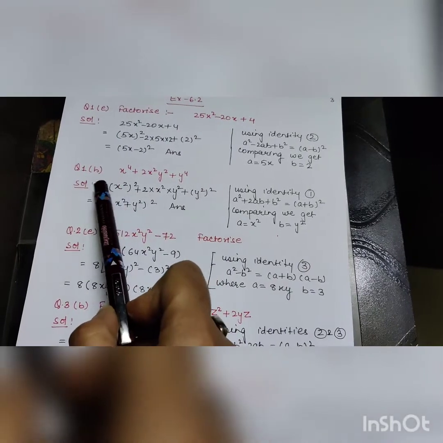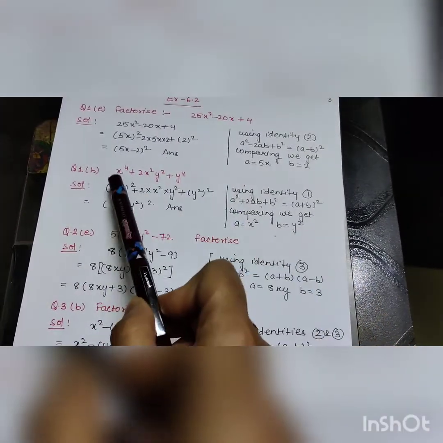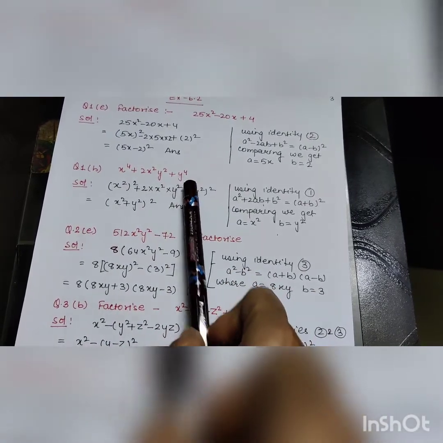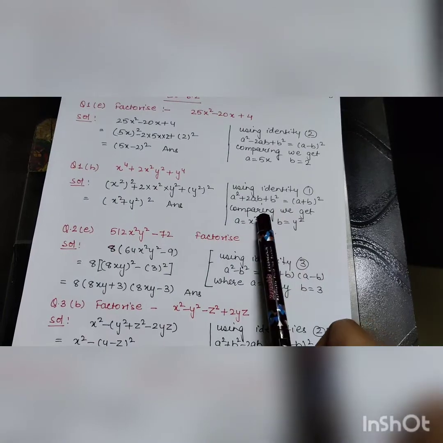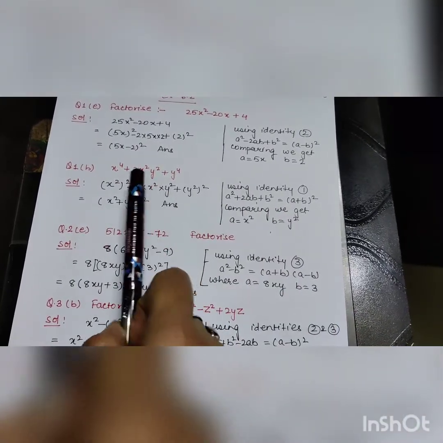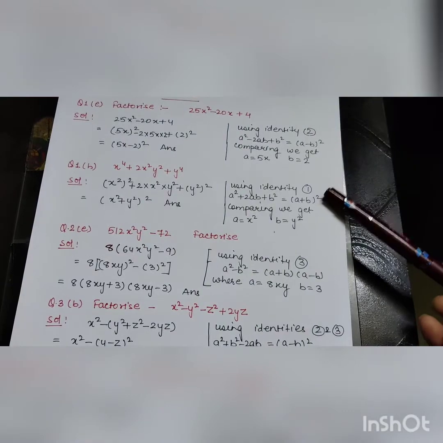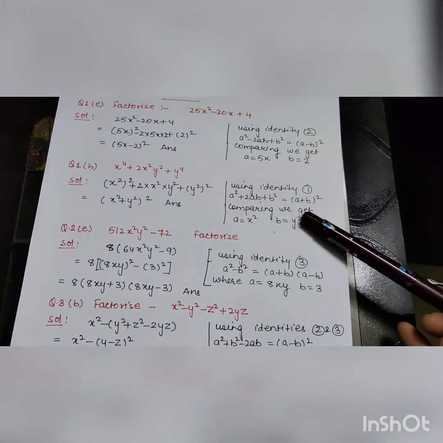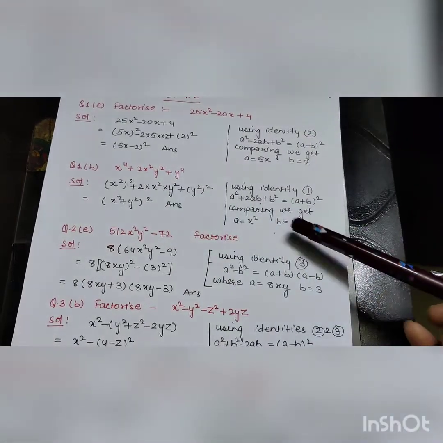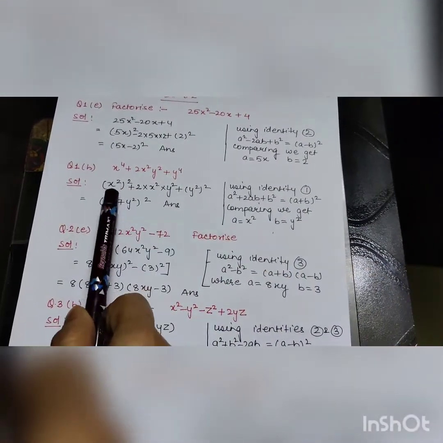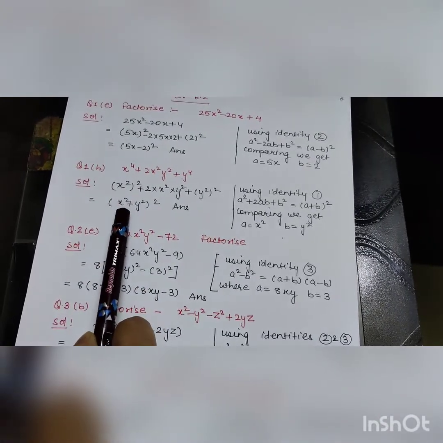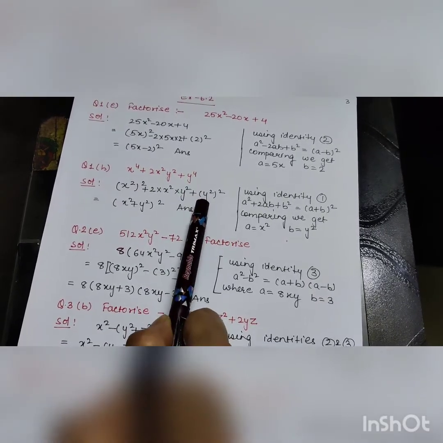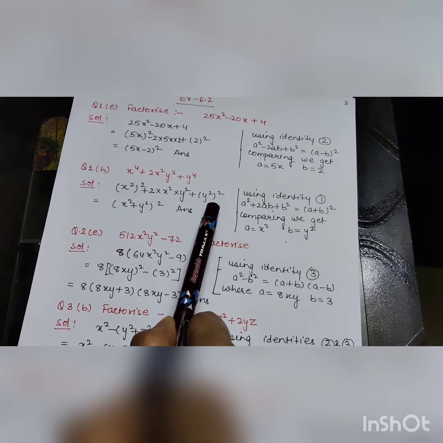Question number 1, H part. x to the power 4 plus 2x square y square plus y to the power 4. Now again we are going to use identity number 1 because all the three terms over here are positive. So it goes with identity 1, a square plus 2ab plus b square equal to a plus b whole square. After comparing, x to the power 4 can be written as x square whole square and y to the power 4 can be written as square of y square, right?